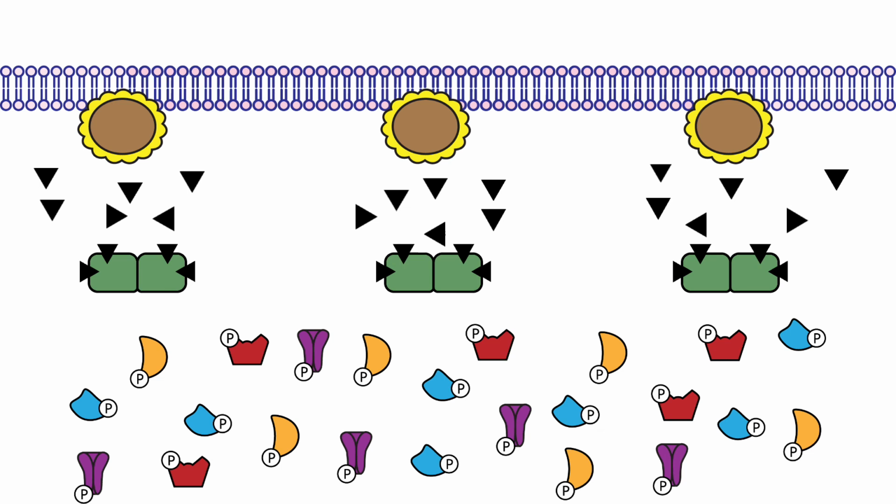Enzymes in the cell, called protein phosphatases, find and remove the phosphate groups added to cellular proteins by the protein kinases. And finally, other cellular mechanisms exist to remove calcium from the cytoplasm and degrade other second messengers.